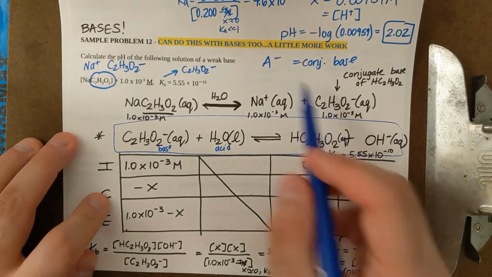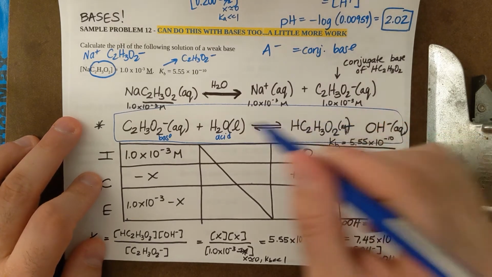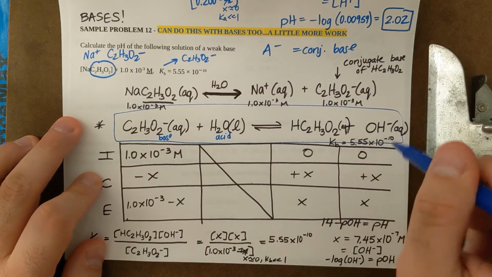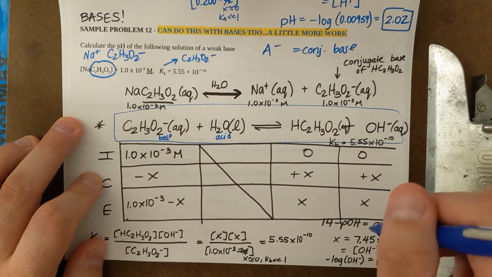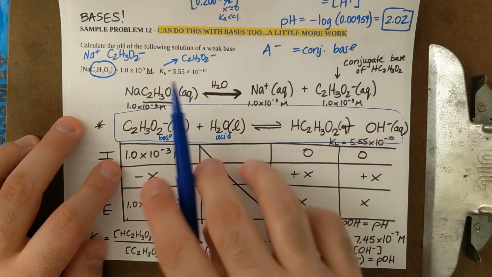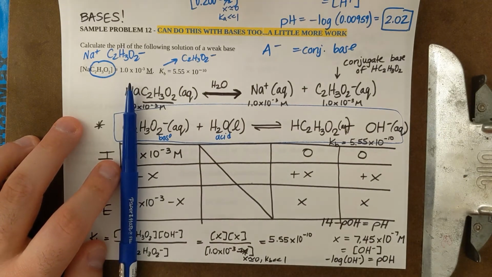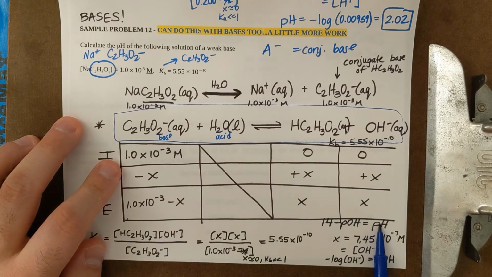Just to walk you through this, and you could write this if you don't have it in your notes: in this dissociation equation, I'm going to be able to get my equilibrium concentration of OH minus, and I could relate that to H plus. If I take the negative log of OH minus, that gives me pOH, and then I know that pH plus pOH is equal to 14.